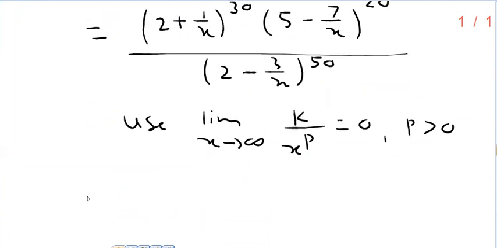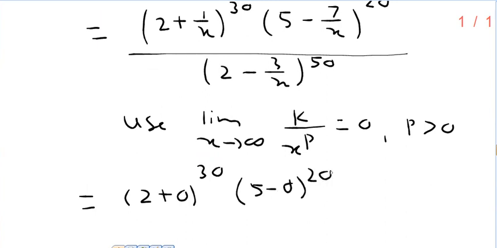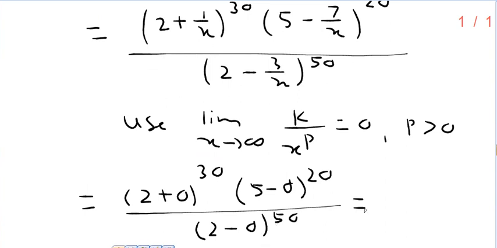So I will directly write (2 plus 0) raised to 30, (5 minus 0) raised to 20 divided by (2 minus 0) raised to 50. Use laws of indices again. So this is (5 upon 2) raised to 20. This is the final answer.